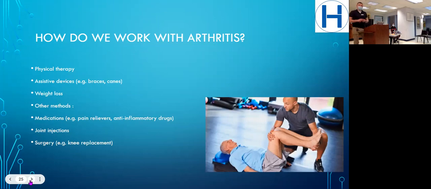What you can also experience with that is pain and stiffness. We're going to talk more about that, and also what we do when working with arthritis. It's physical therapy. We're going to be talking more and more about this. It's also assistive devices, which Lauren had a great presentation on for everyday use, because the hands do so much, so there are almost countless assistive devices.